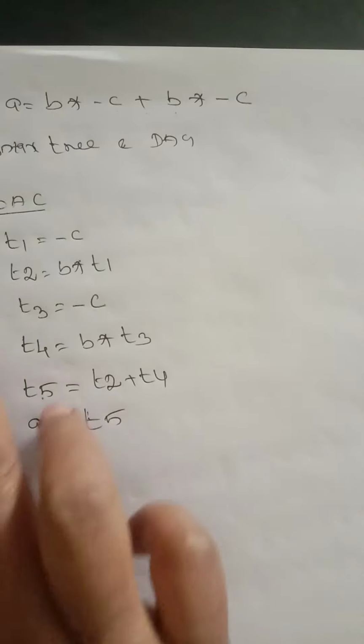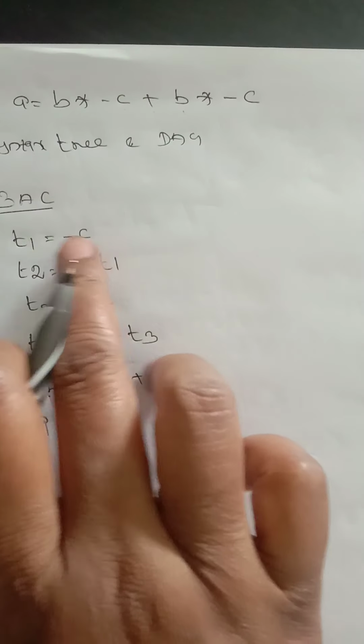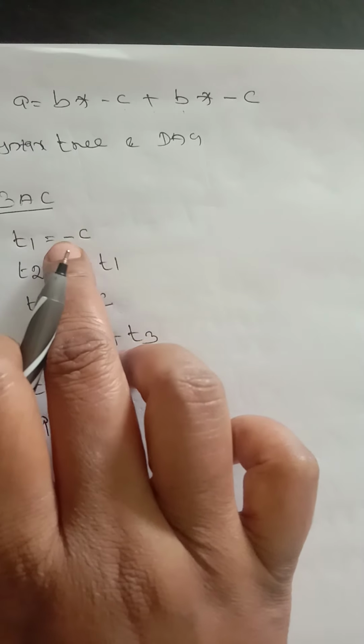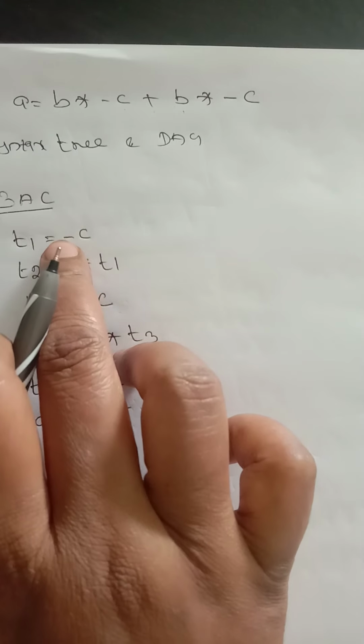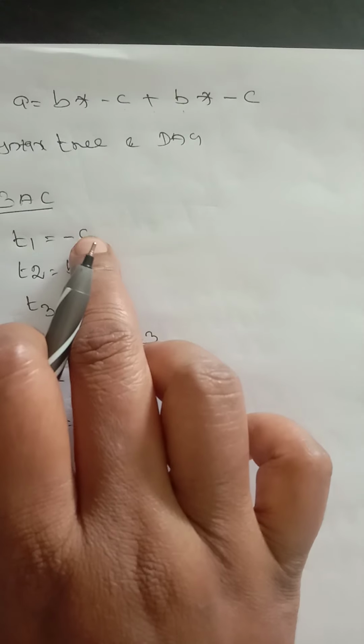How do we construct the syntax tree? The first statement is t1 equal to minus c. Here the operation is unary minus, and we have only one operand, c.